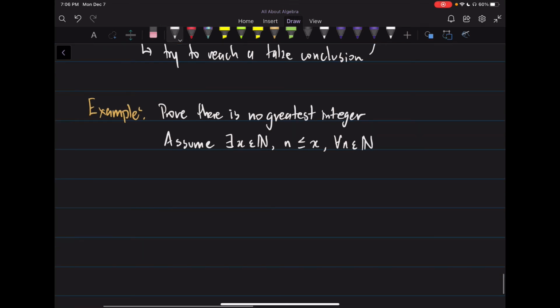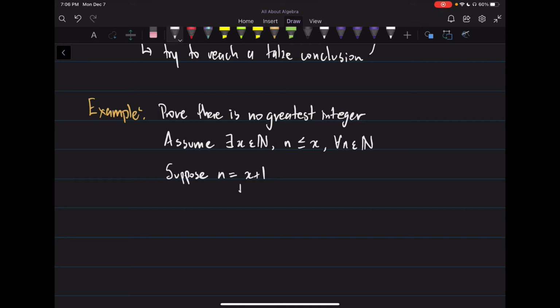Okay, well suppose n is equal to x plus 1.